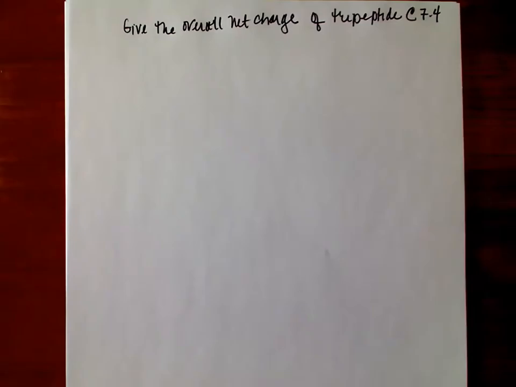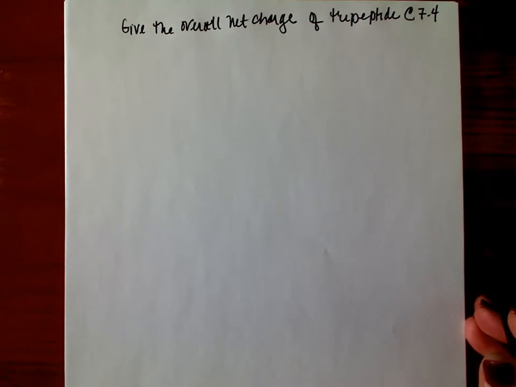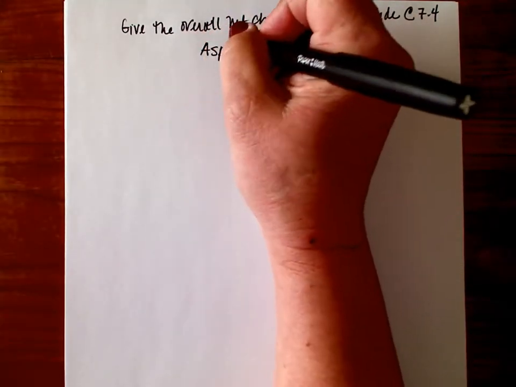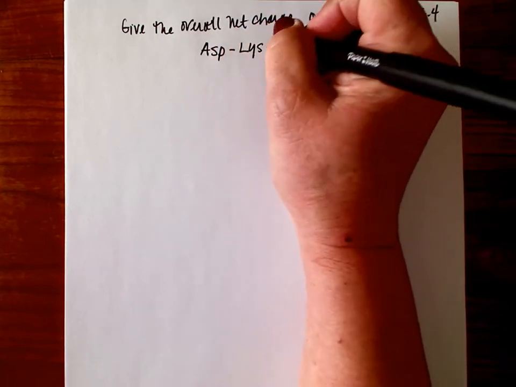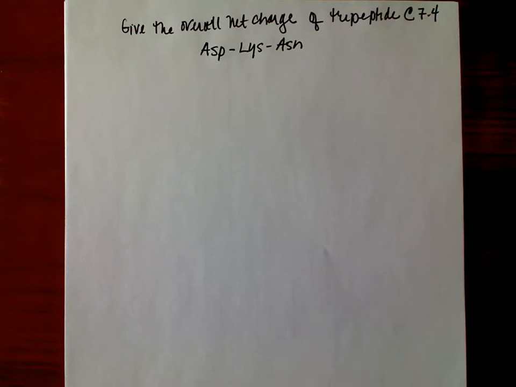So that means you've got to draw it. You need to show me where the charges appear and give the overall net charge. You are given the tripeptide ASP, lysine, ASN, so aspartic acid or aspartate, lysine, and asparagine.